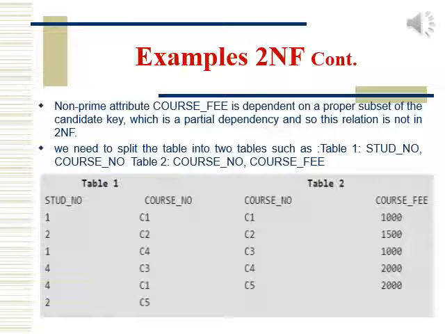We need to split this table into two tables, such as student number and course number in the first table, and course number and course fees in the second table, so that it is fully functionally dependent on the prime key. So that the relation holds second normal form, which is displayed here in the form of table 1 and table 2.